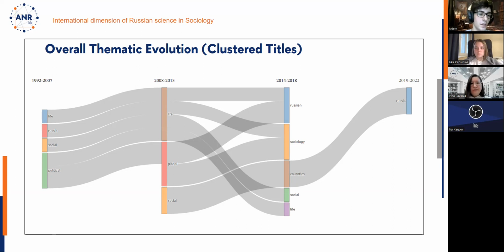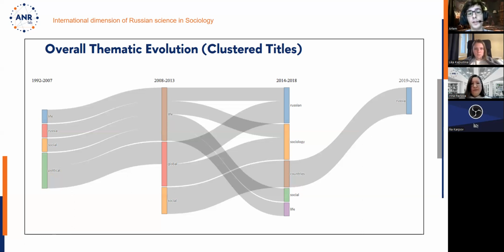As you can see, from 1992 to 2007, the main issues discussed were political, but also social, centered around Russia and life. This word is related to socio-demographic situation.